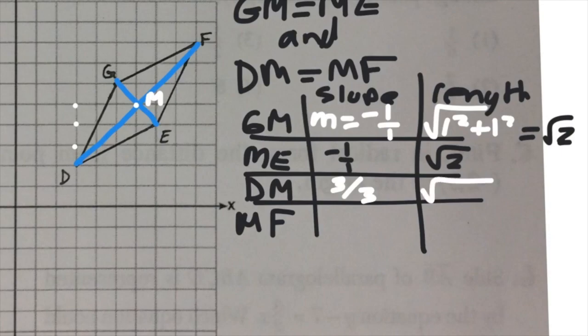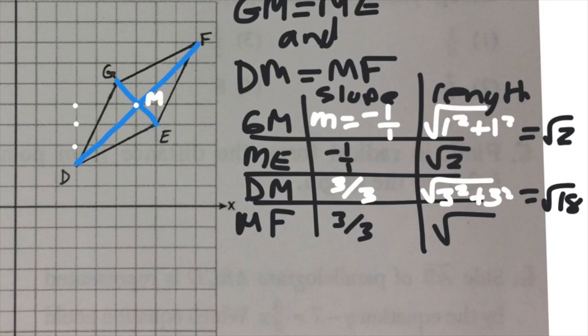So the length would be the square root of 3 squared plus 3 squared. 3 squared is 9. 9 plus 9 is 18. So radical 18. That's how far it is from D to M. And from M to F, it must be the same. And it's very quick to do that because the slope of MF is also up 3 over 3. It's the exact same work as the line above, radical 18.